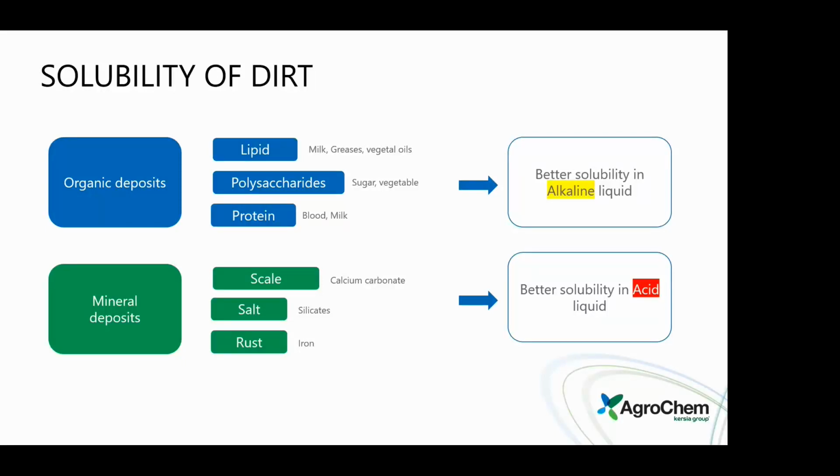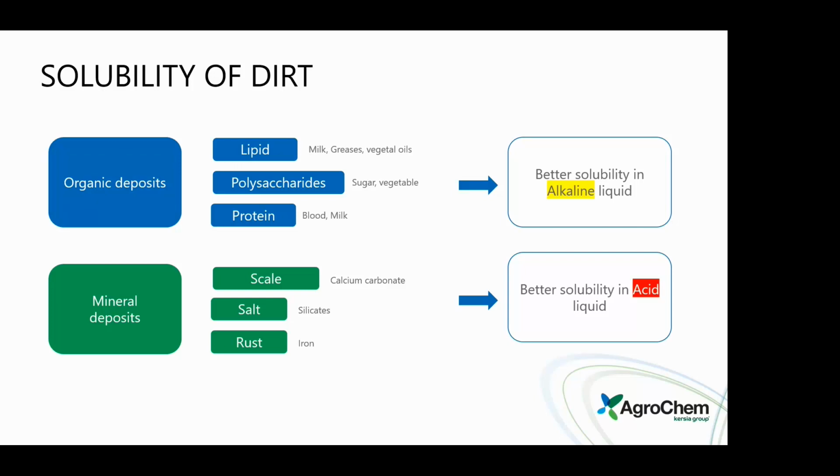So the solubility of the dirt, looking at a couple of different things here. What is in the organic deposits and what's in the mineral deposits. So basically you can see the lipids, the polysaccharides, the proteins you have from the milks, vegetable oil, sugars with the polysaccharides, and then of course protein would be the blood or milk on that as well.